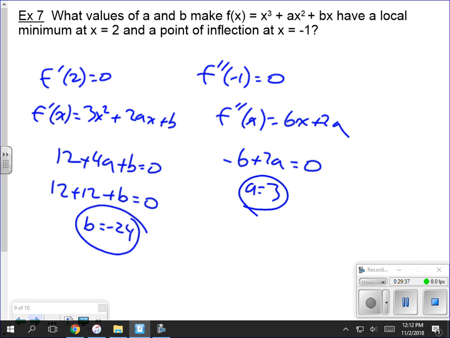This one is all about, do you understand how to find your minimums? Do you understand how to find your points of inflection? That's what this question is all about. That's what this question is testing. Do you know how to find a minimum value? Do you know how to find a point of inflection?